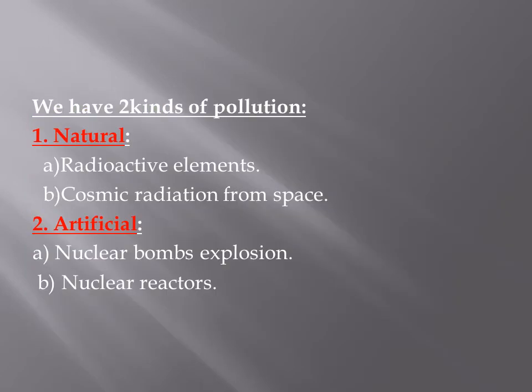We have two kinds of radiation pollution: natural and artificial. The natural pollution is caused by the radioactive elements found in the Earth's crust, like the radium, polonium, and cesium we talked about, and by the cosmic radiation which comes from outer space.